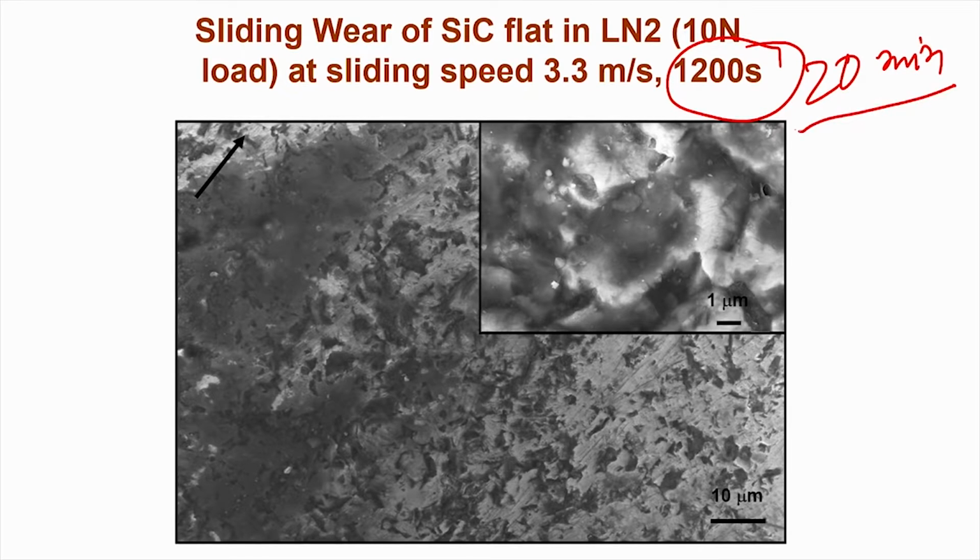One of the things I think I might have mentioned in the earlier lecture is that there are two major difficulties with using these cryogenic sliding wear experiments. The first one is that with this tribometer it is extremely important to place the ceramic disc inside the tribometer in a very stable manner.